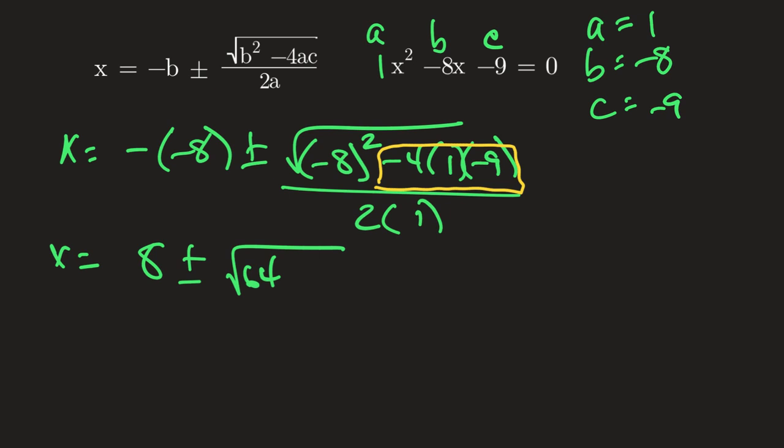Positive 36. That negative 4 AC, those three things are getting multiplied together, and that gives me positive 36. And then, of course, down there on the bottom, you've got 2 times 1, which is 2.